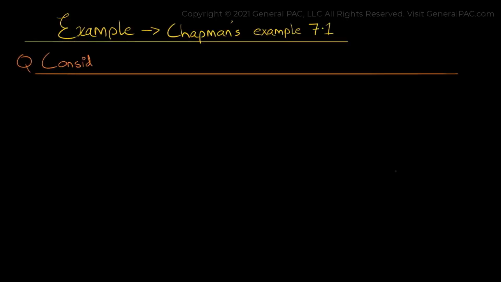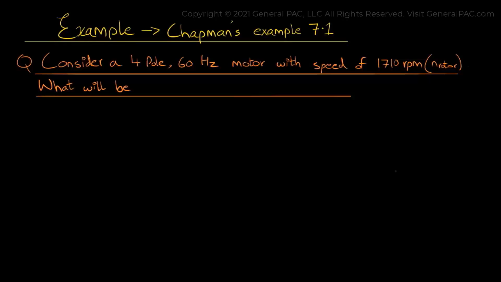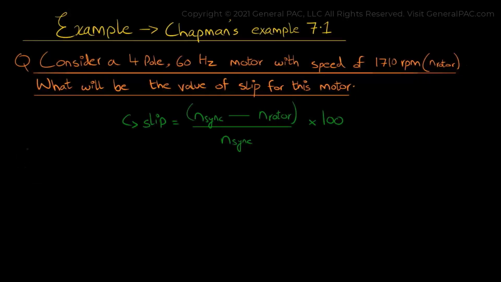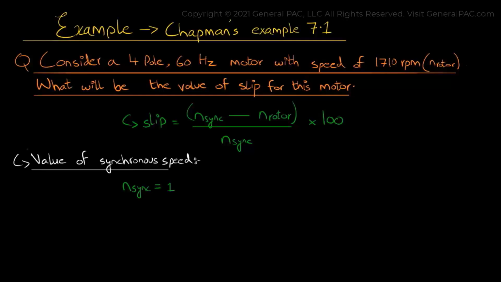Consider a 4-pole 60 Hz motor with the speed of 1,710 RPM, that's n-rotor. What will be the value of slip for this motor? As we know, the formula for the slip of the motor is n-sync minus n-rotor divided by n-sync times 100. First, we will find the value of synchronous speed, then by putting it in the above formula, we will get the value of slip. The synchronous speed is given by 120 times the electric frequency divided by the number of poles of the motor.